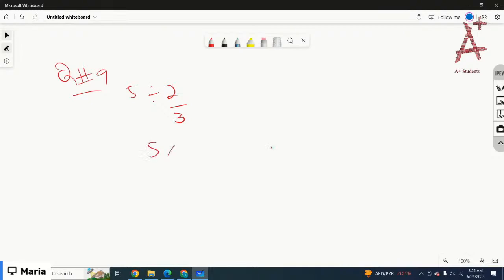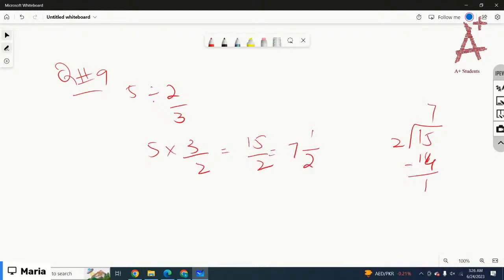It would be 5 times 3 over 2. So it would be 5 times 3 is 15 over 2. And when you divide, 2 times 7 is 14, and you have the answer, 7 whole 1 over 2. So the correct option is 7 whole 1 over 2. Got it?